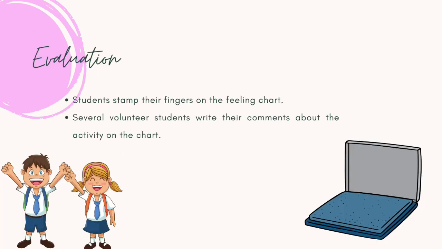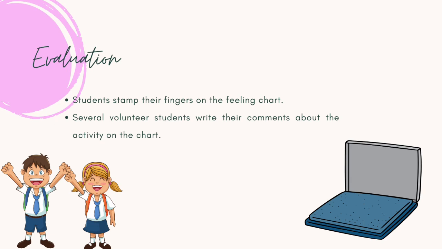Next, for the evaluation part, students stamp their fingers on the feeling chart. For this stage, students will be given the chance to stamp their fingers on the stamp pad and go to the feeling chart and choose which feeling they felt during the activity.